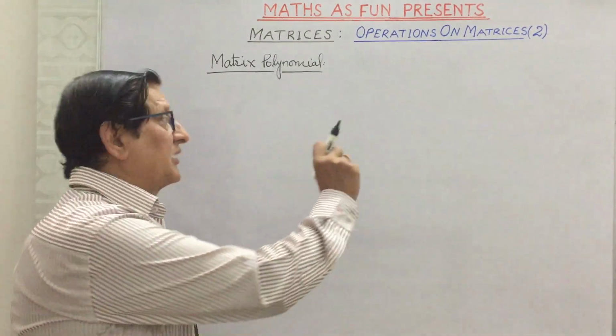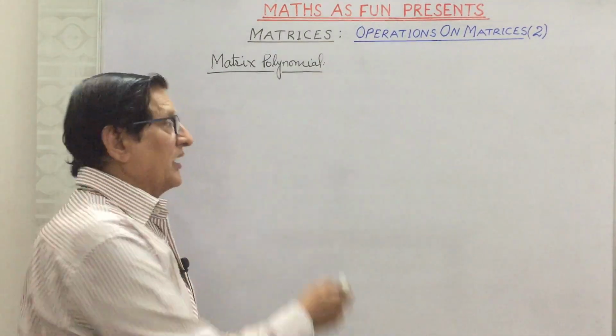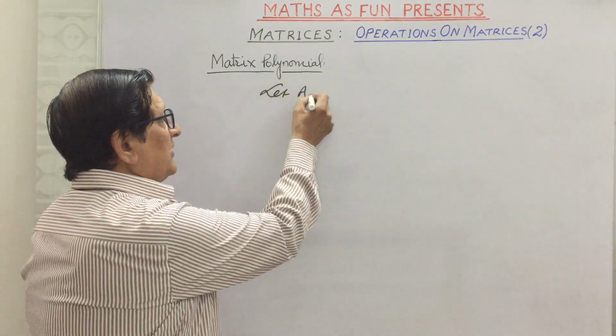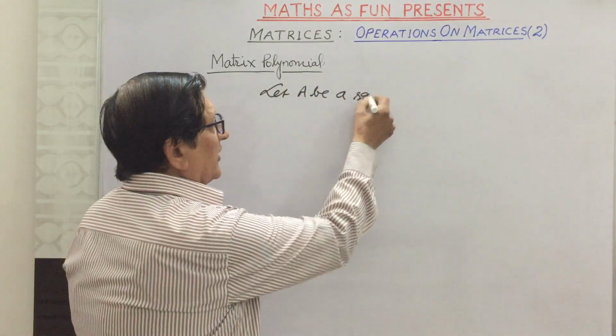So we can define a matrix polynomial as: let A be a square matrix.